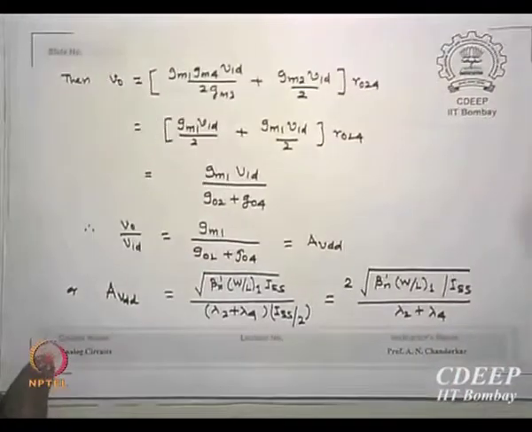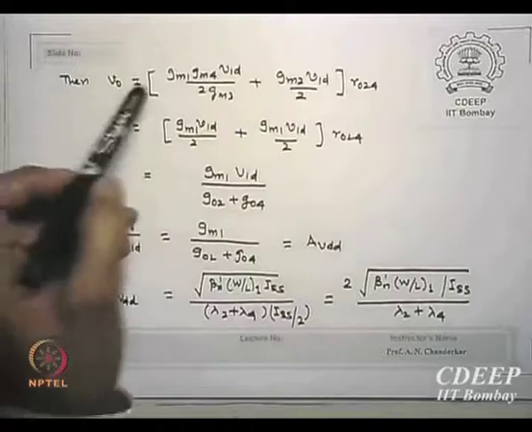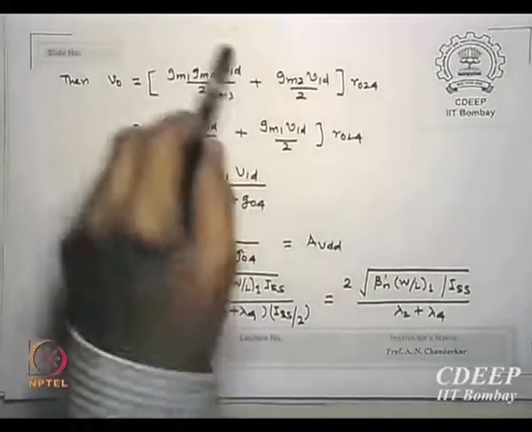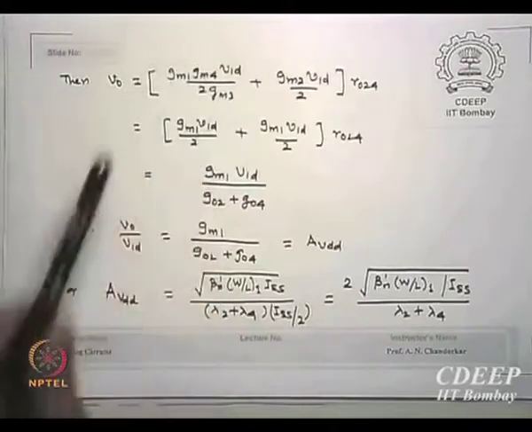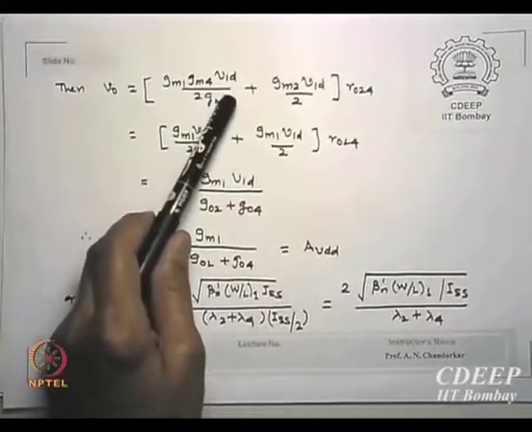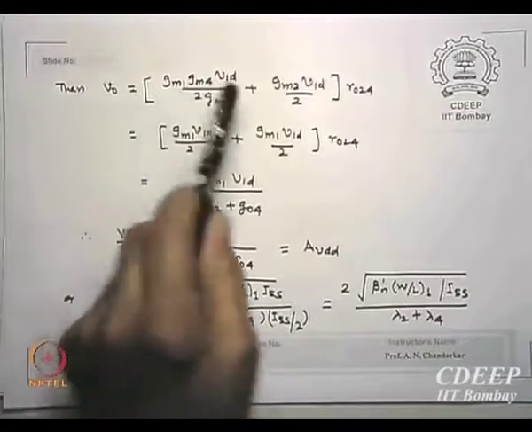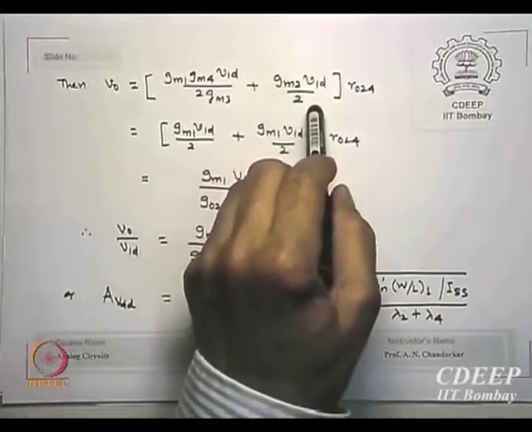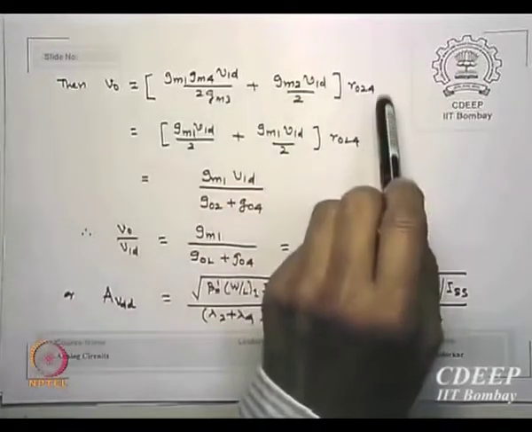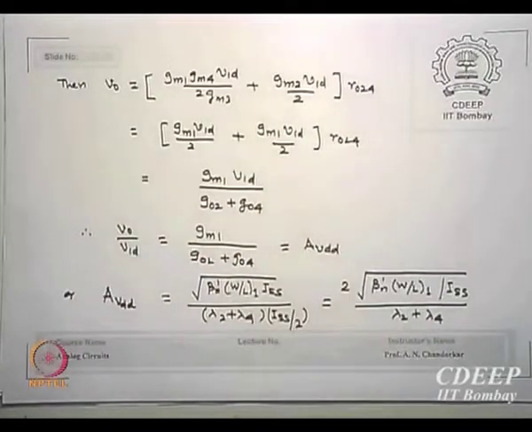The next is this. So VO, this is due to VGS4. Do you know why this is VGS4? इसको VGS4 को VID के टर्म में जो एक्सप्रेशन निकाला वो मैंने इसमें सब्स्टिट्यूट कर दिया. Okay. This is due to VID by 2 into RO2 parallel RO4.